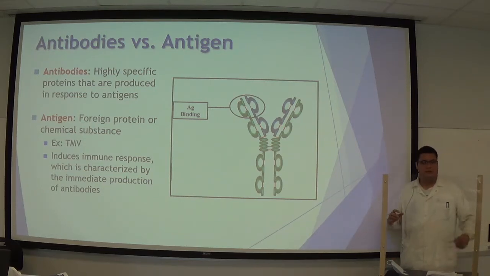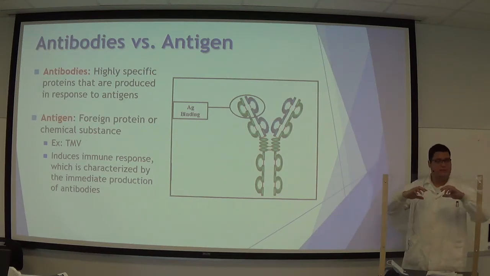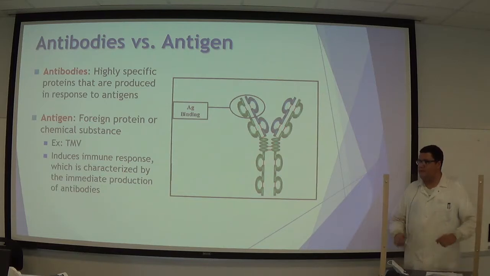So it's going to be kind of like fitting together a puzzle piece. You can't really fit two pieces of a puzzle unless they're meant to fit together. Well, it's the same thing with antibodies and antigens. For the most part, there can be a little bit of overlap in that. But for the most part, antibodies are very specific, and the antigen binding sites of antibodies will recognize specific proteins.